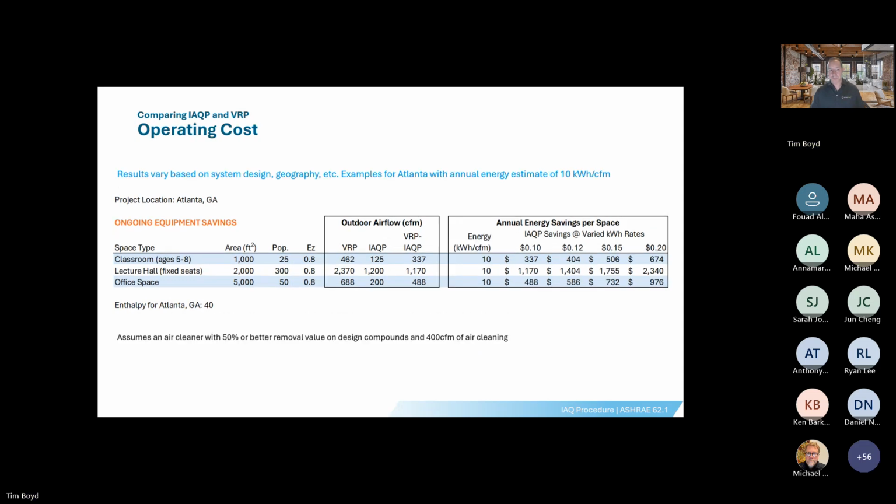to the air quality. The operating cost of this is also quite significant. So again, taking that one classroom, you're saving about 10 kilowatt hours per CFM, and at a rate of somewhere between, let's call it 15 cents to 20 cents in your market, you'll probably save around $500 to $600 per space, per classroom.